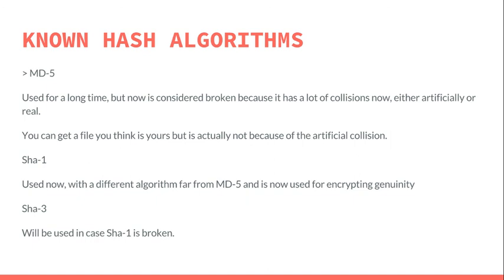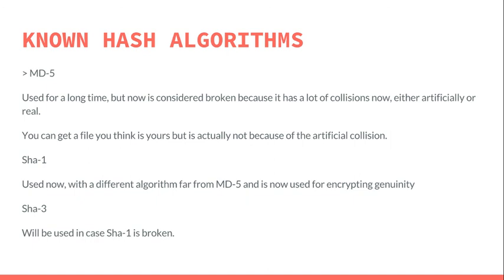It was used to encrypt a lot of files, but now since computers are getting faster and smarter too, MD5 is considered broken because you cannot use it anymore. It's just very, very not good. You just can't use it anymore because people can now make artificial hash collisions easily with MD5. You can get a file you think is yours, but it's actually not because of the artificial collision.